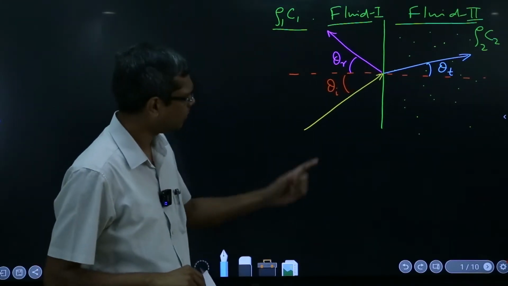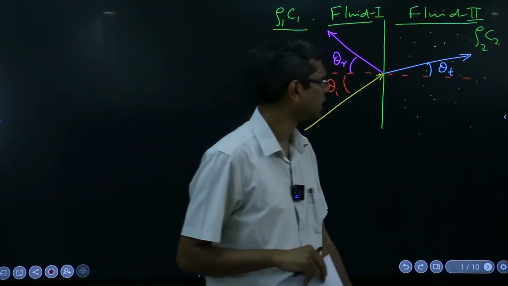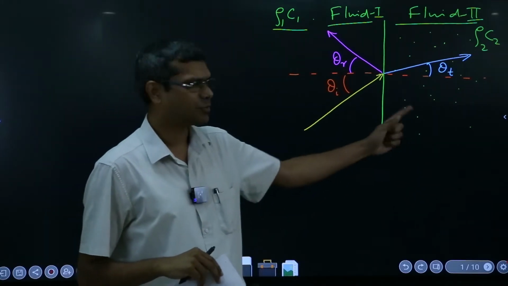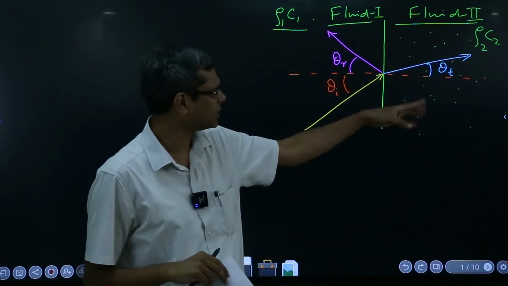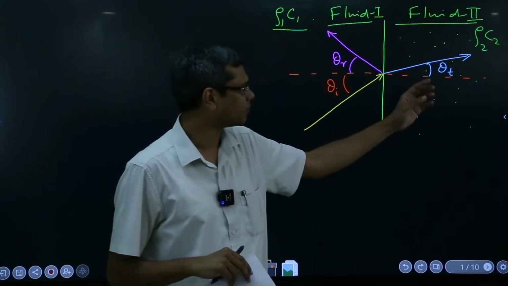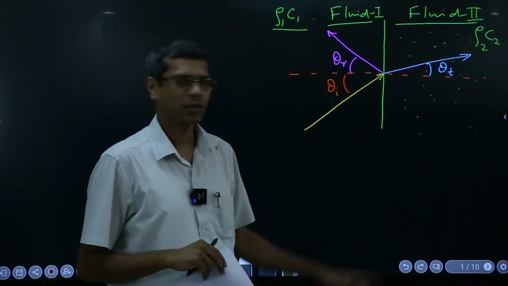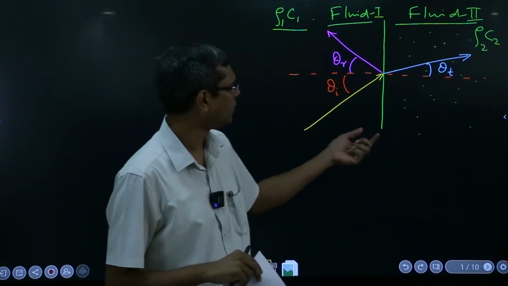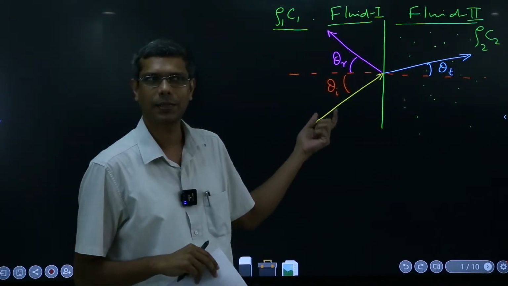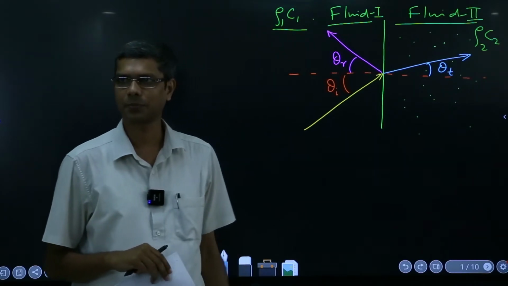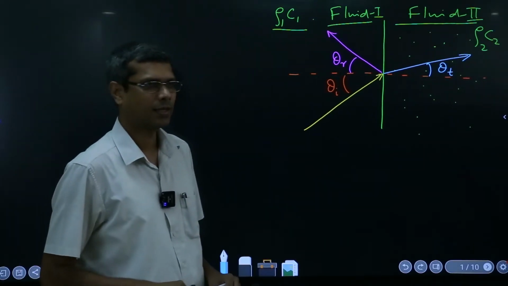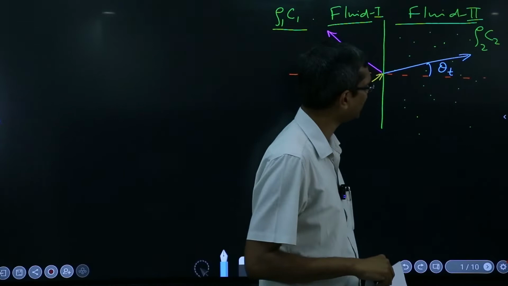Now, by looking at this picture, what do you think? The speed of the wave on this side is more or less than this side? Is this faster C or this faster C? Which side is faster? This one is faster.